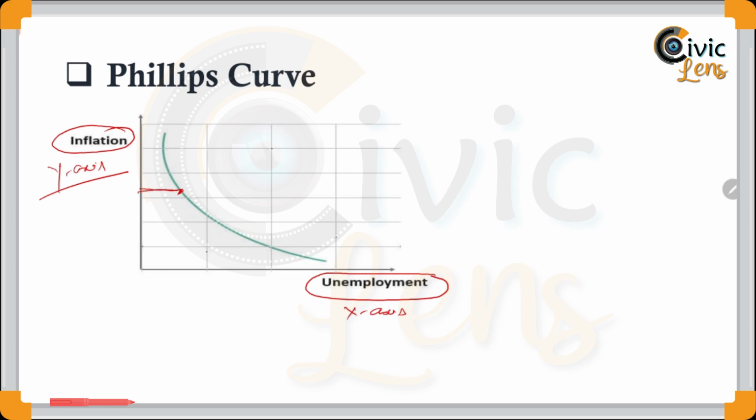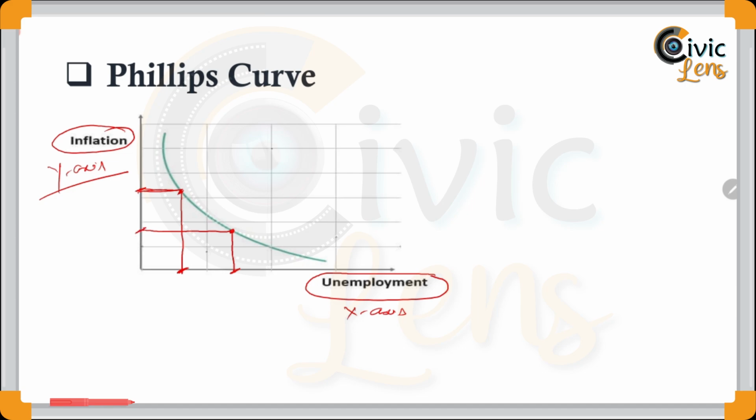So we'll join it by a horizontal line and then a vertical line. That means corresponding to this point, this is the level of unemployment and this is the rate of inflation. Now we pick another point on the Phillips curve, and again we join it by a horizontal line and a vertical line. This means that corresponding to this point, this is the level of unemployment and this is the rate of inflation.